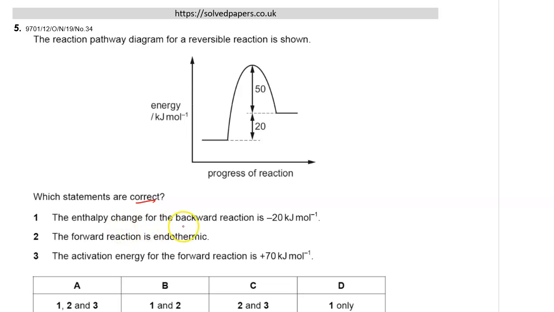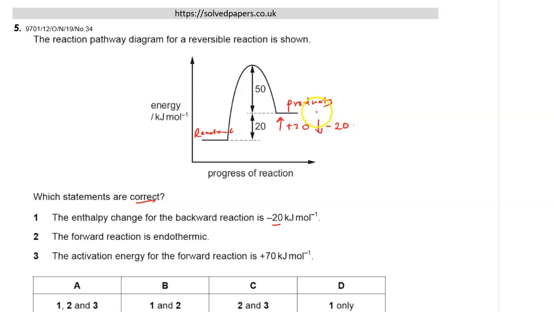The enthalpy change for the backward reaction is 20. Of course, these are the products here, and these are the reactants. To get from the reactants to the products, this is plus 20, going this way. And therefore, to go the opposite direction, that will also be 20, but minus.